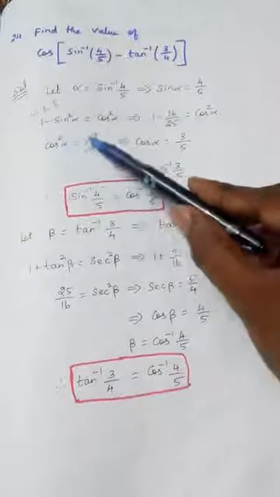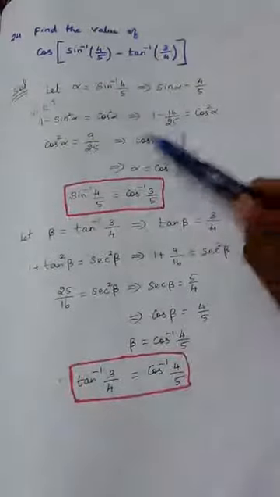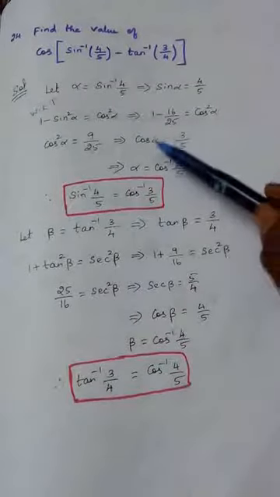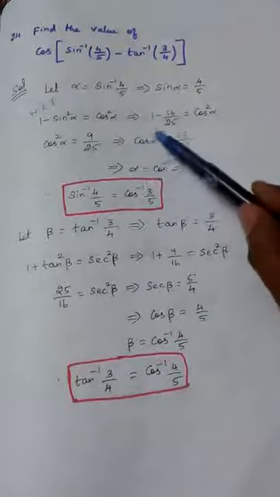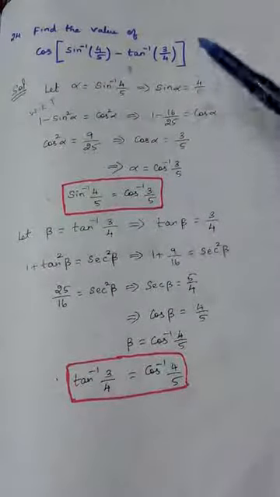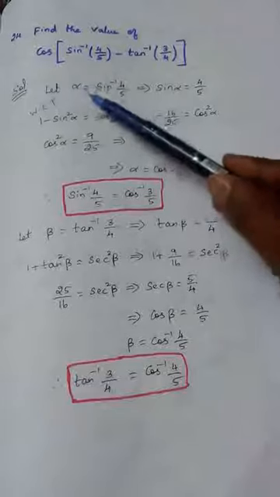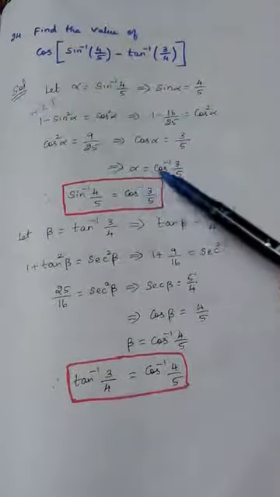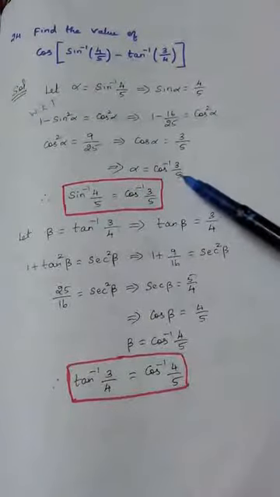Square comes to this side, square root. So 9 becomes 3, 25 becomes 5. So this is the value for cos alpha. What is alpha now? Cos is taken to the other side, cos inverse 3 by 5. Now we started the problem with alpha equal to sine inverse 4 by 5, and now we got alpha equal to cos inverse 3 by 5.